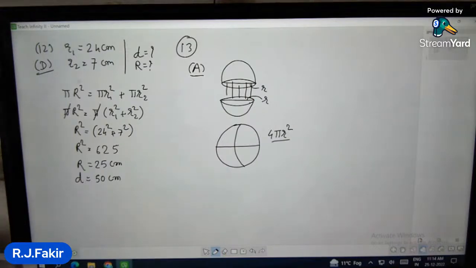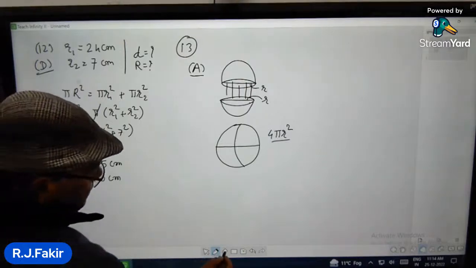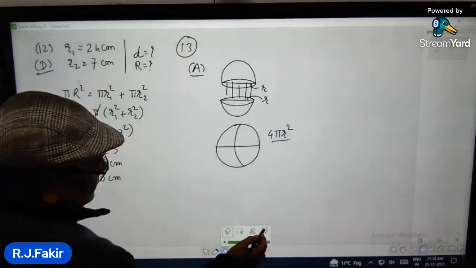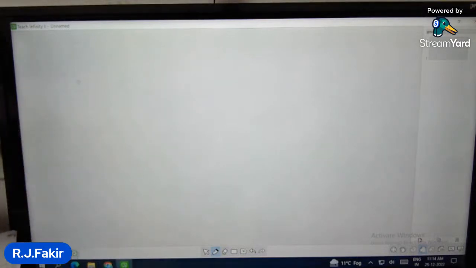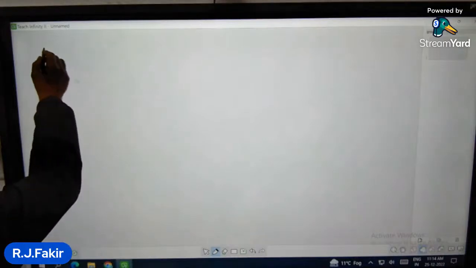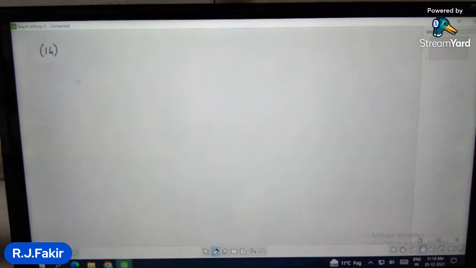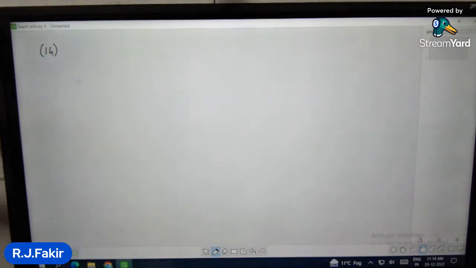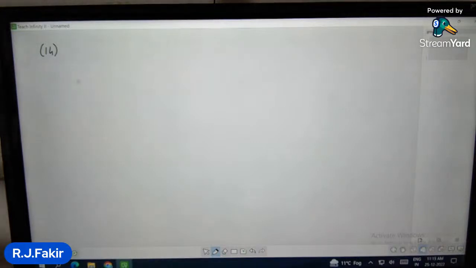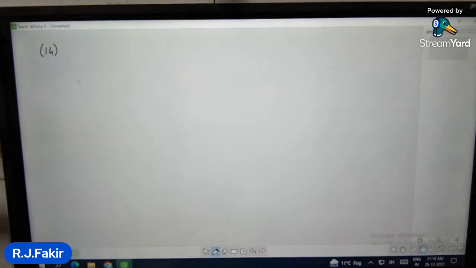Now some questions from statistics. Like this one, question number 14. While computing the mean of grouped data, we assume that the frequencies are... When we find the mean, what exactly do we do?